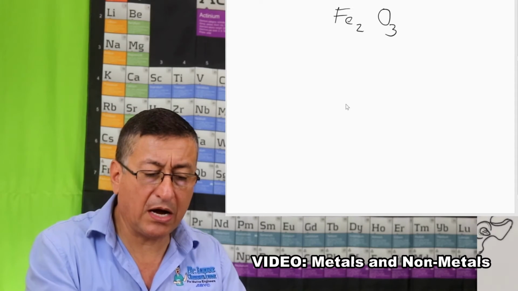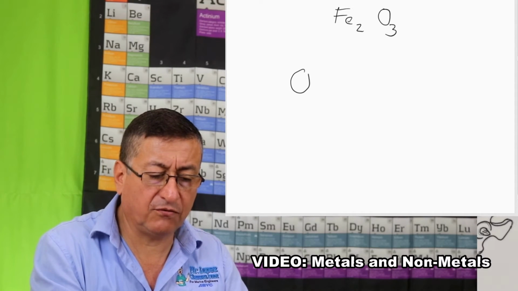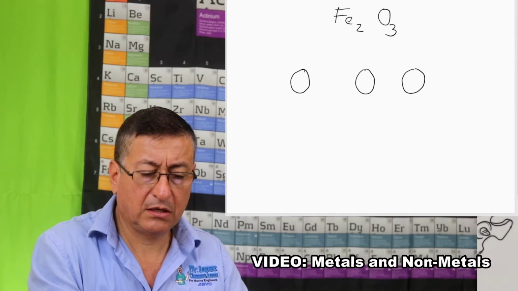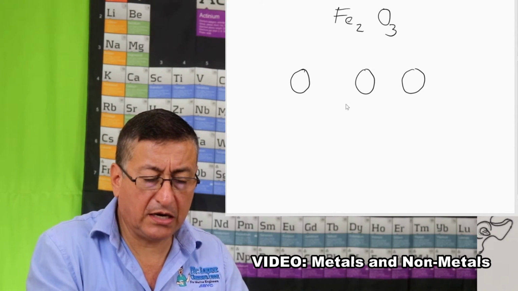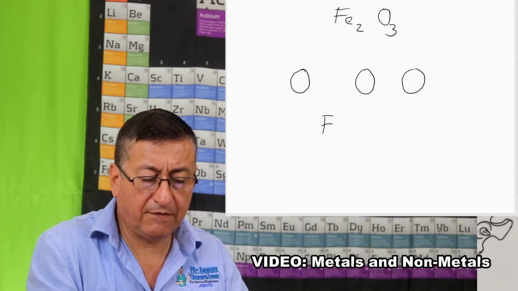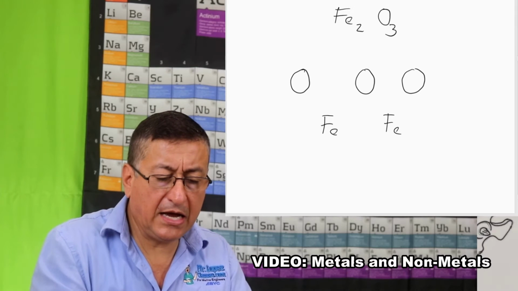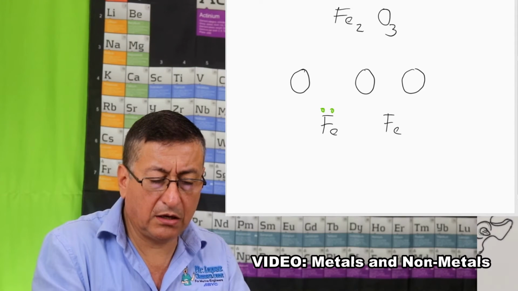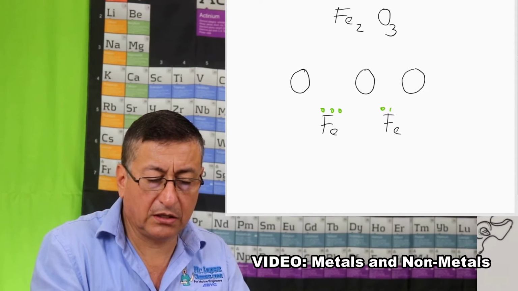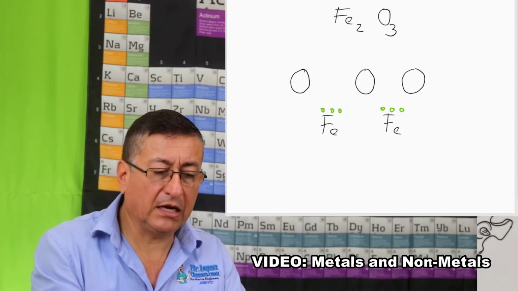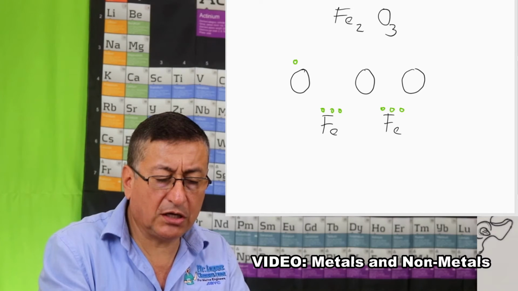Let me check what happened in this particular formula. I have 3 oxygens and I have 2 irons. The iron has 3 electrons in the last orbit. Let me check the oxygens.